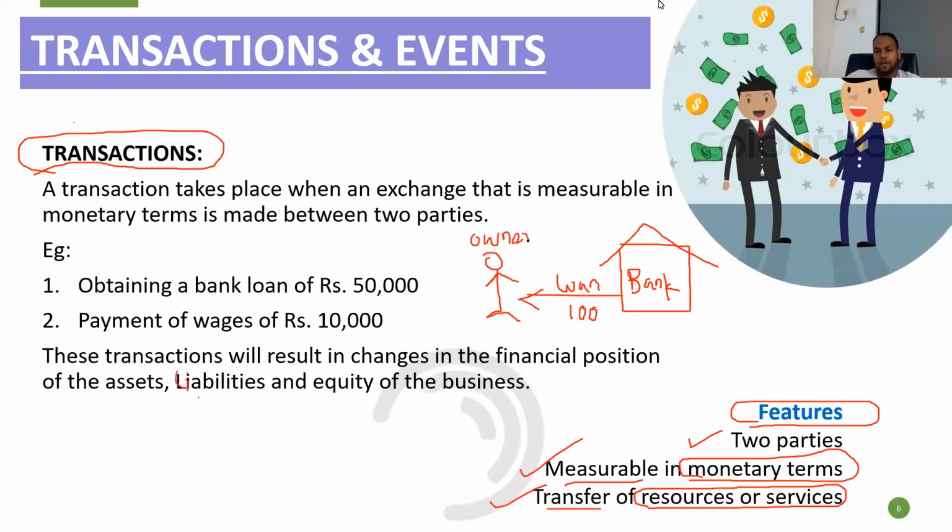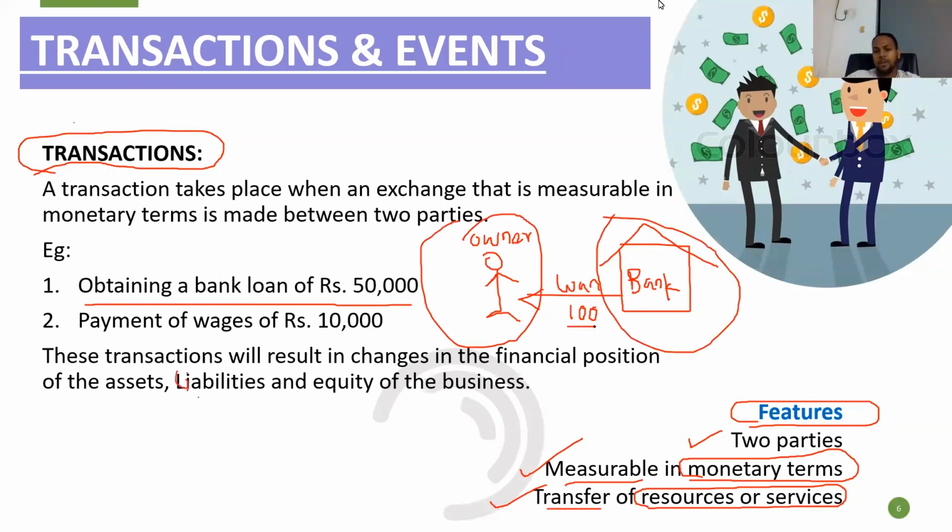The owner takes a 100,000 loan from the bank, right? Obtaining a bank loan. Now see, this is a transaction. Obtaining a loan is a transaction, right?